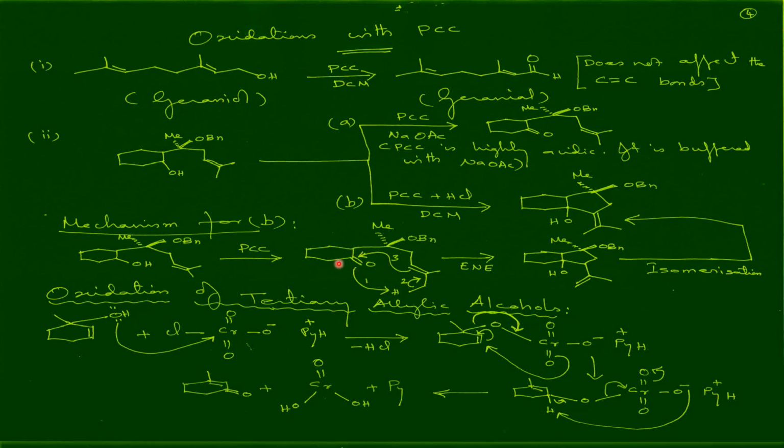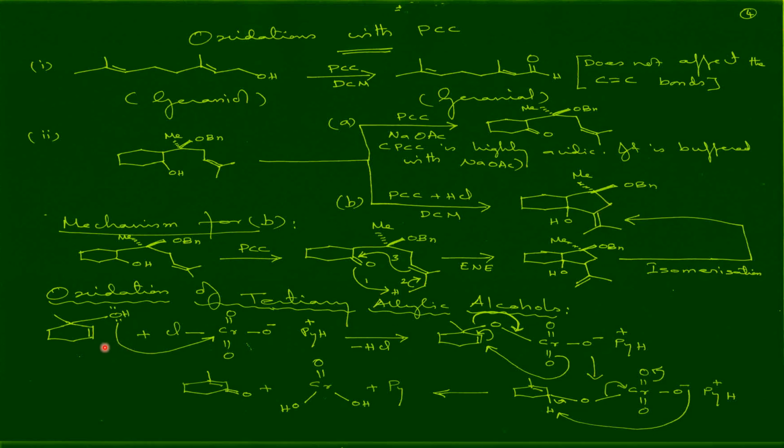This ketone undergoes an ene reaction as I have shown here to give a product which is an olefin. This olefin is a less substituted olefin, therefore it undergoes rearrangement, which is an isomerization, to form a more substituted olefin.